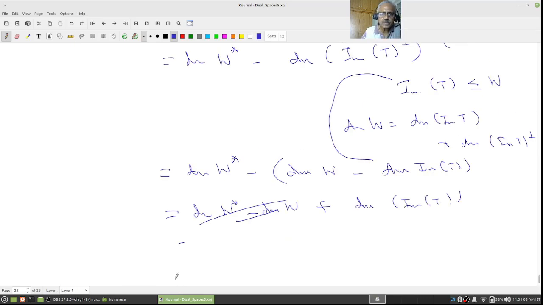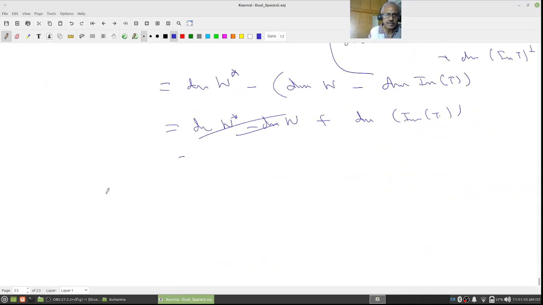So what have we shown? I have shown that dimension of image of T star equals dimension of image of T.